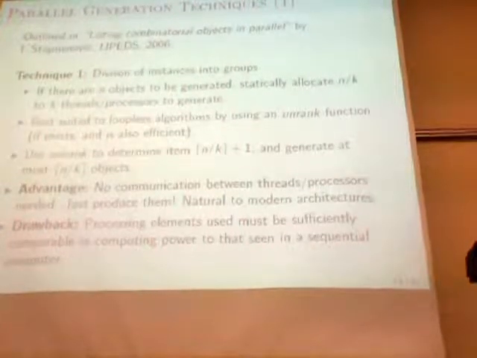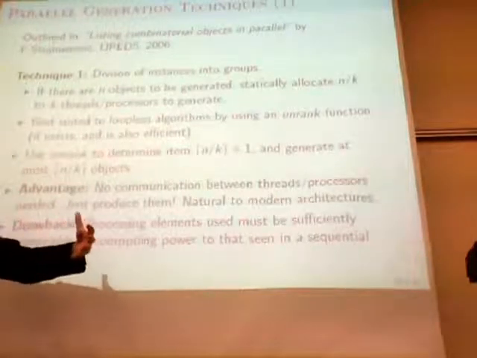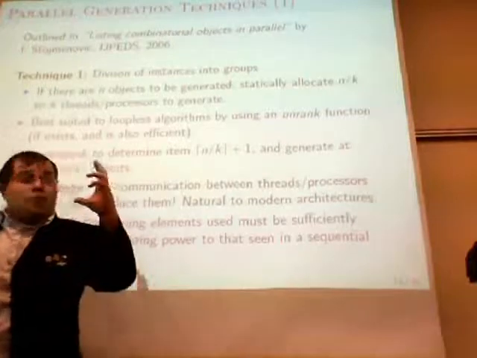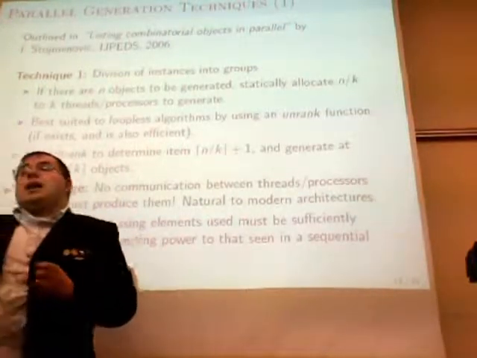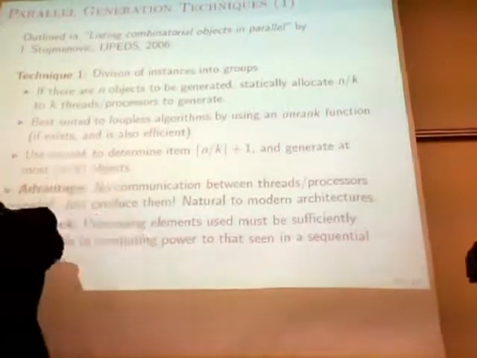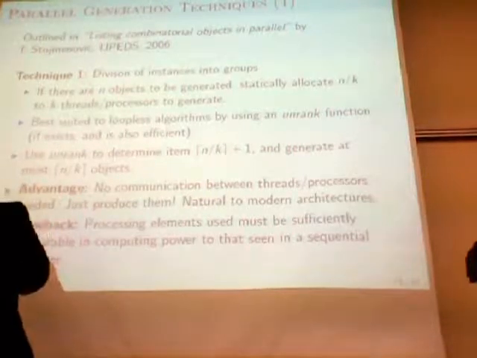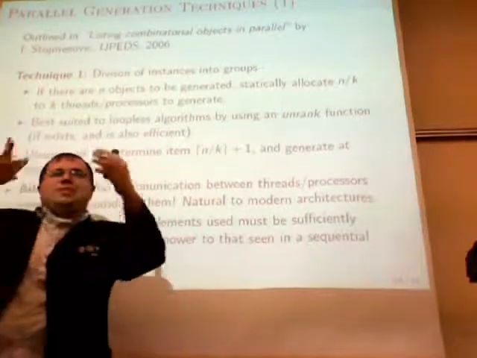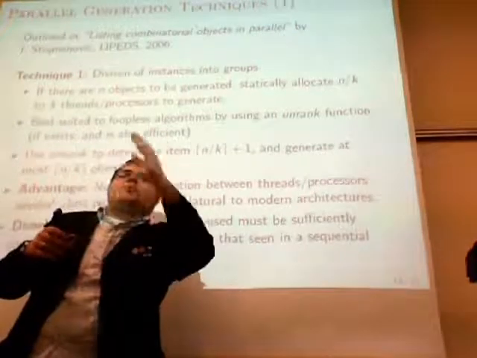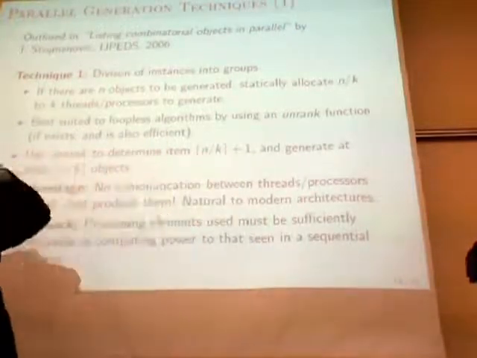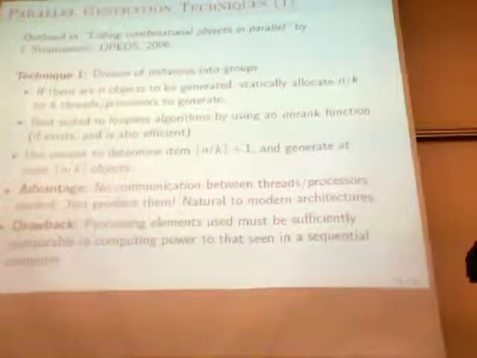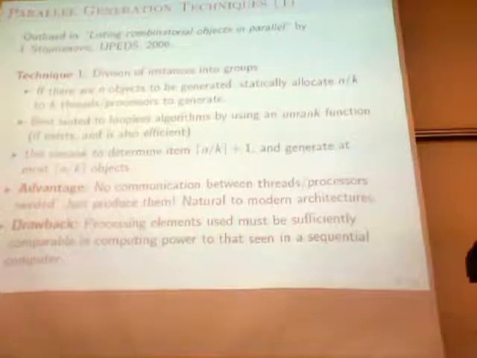Say I have an array and I'm searching for an element, doing a naive linear scan. I could give the first chunk to one processing element and the next chunk to the next, and they could each do their own search. That's this technique, except now we're talking about combinatorial objects.